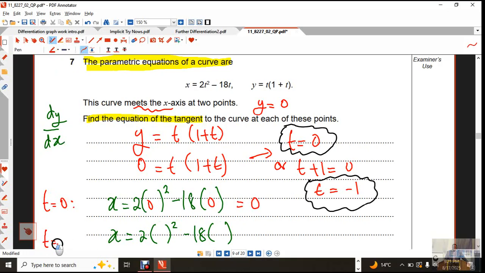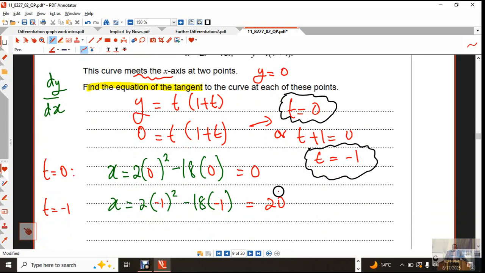When t equals -1, x is 20. So I have got 2 points that I will be considering: the point (0, 0) and another point which is (20, 0).